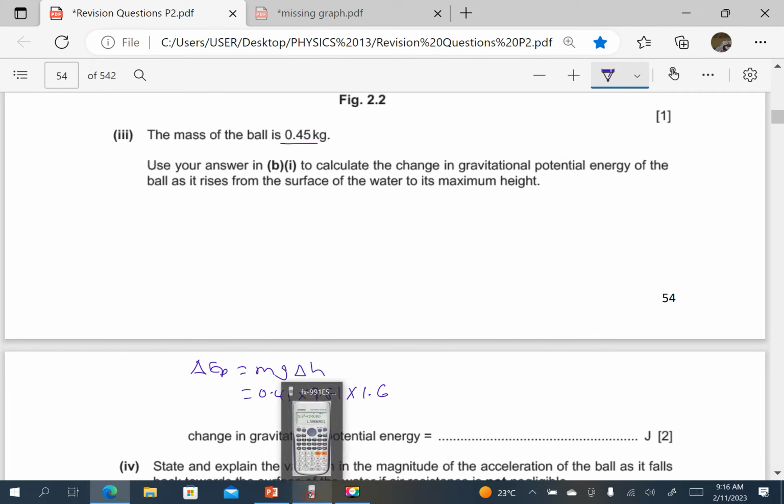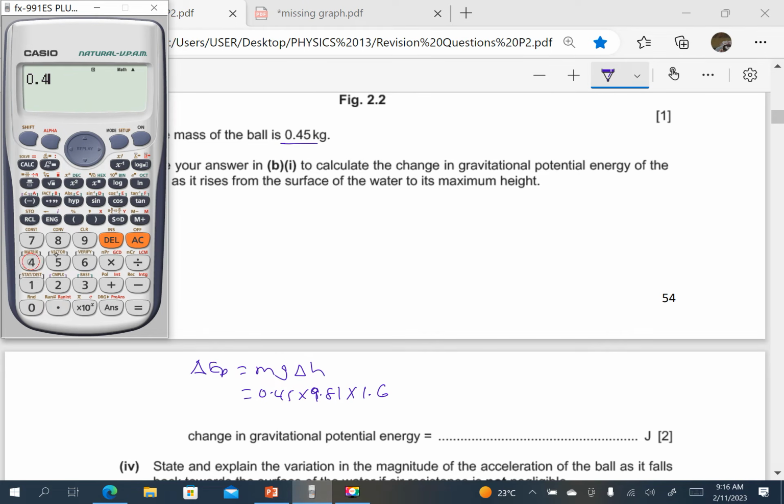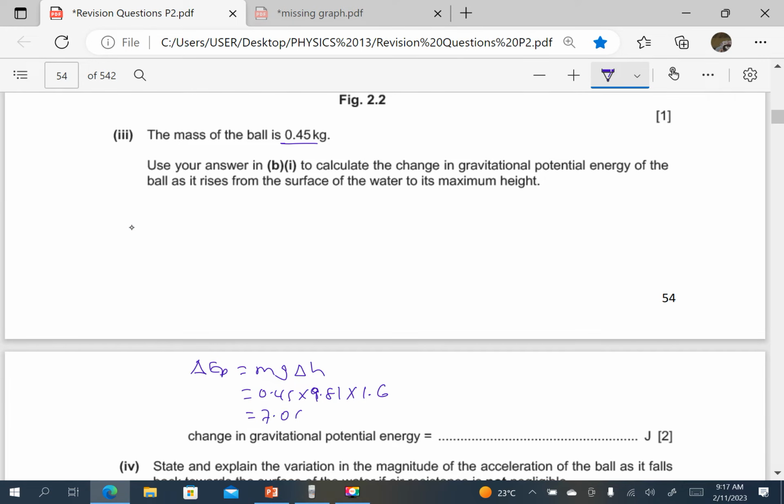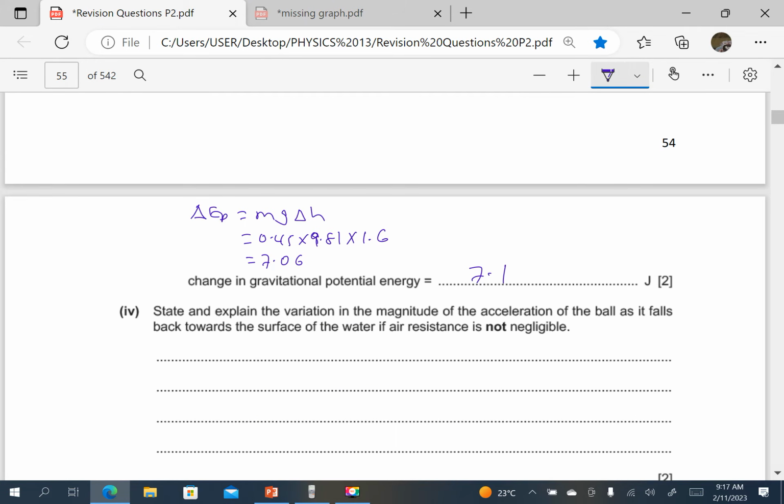So 0.45 times 9.81 times 1.6 gives us 7.06, or approximately 7.1 joules.